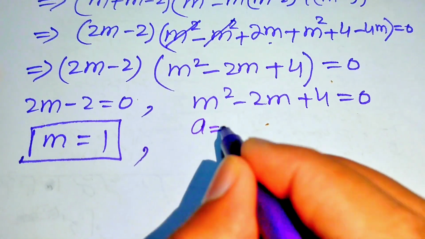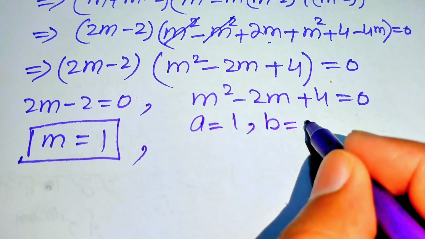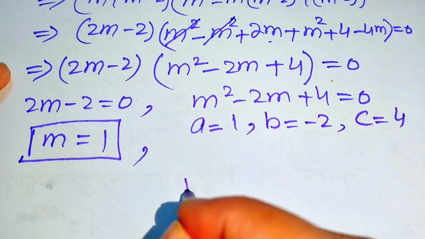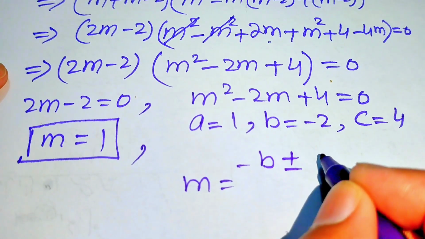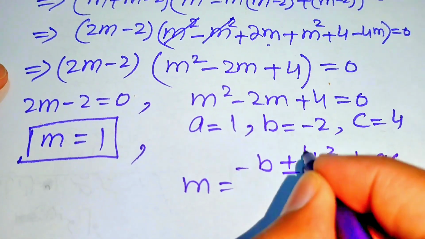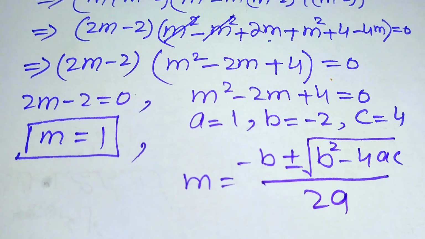So first we write the coefficients of this equation, and the coefficients are a equals 1, b equals minus 2, and c equals 4, and our quadratic formula will look like this: minus b plus minus the square root of b squared minus 4ac, divided by 2a.